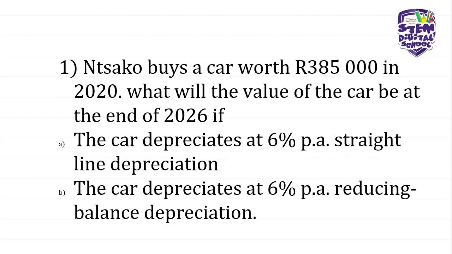In other words, 2026, which is 6 years from now, what will the value of the car be when we look at both lines of depreciation, the first one being the straight line depreciation followed by the reducing balance depreciation. And of course, you will recall that the formula to calculate the two is different.